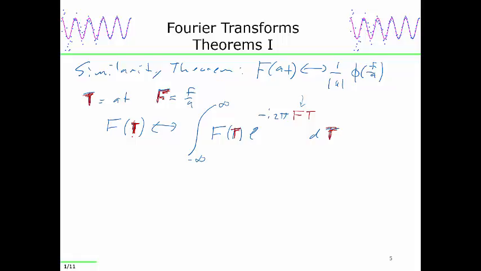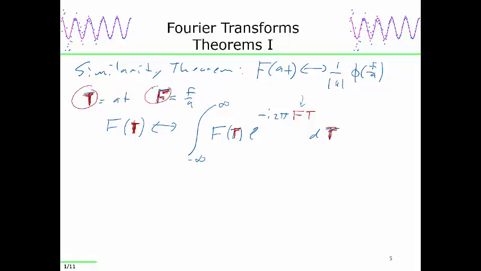Does that help a bit? Right here, that is big F times big T, which is this T and that F. And if you multiply them together, you can see that's where that comes from. Okay, so what is the Fourier transform of this?